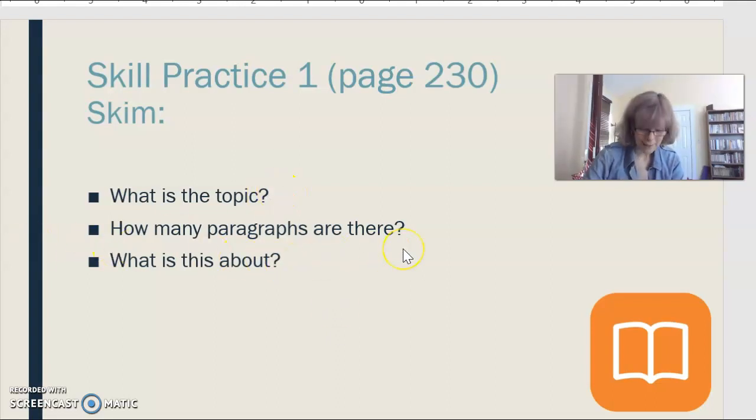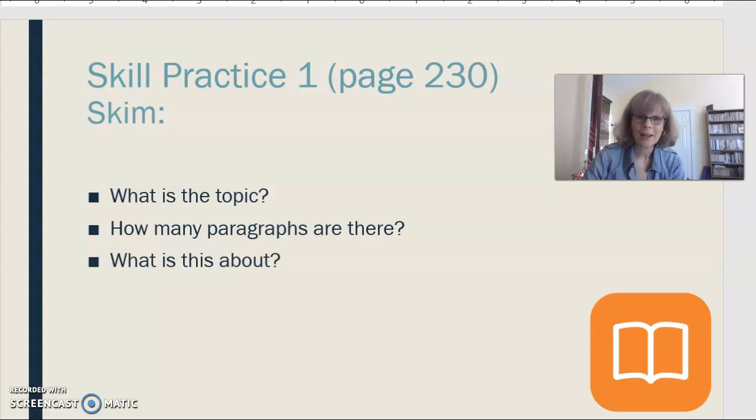So hopefully you can see that this is just a short article, 4 paragraphs. It's called the Mohs Hardness Scale. And what is that about? What do you use a Mohs Hardness Scale for? I want you to keep thinking about that.